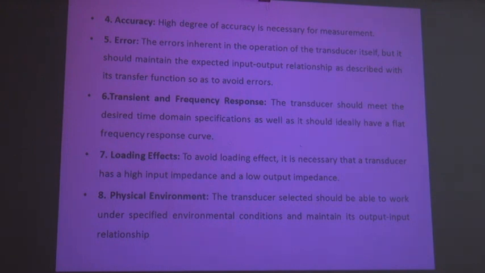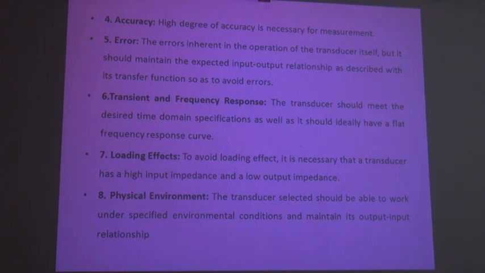Because with zero error, the transfer function of a transducer is smooth, and the relationship between input and output of a transducer should be linear. So note that the error in a transducer should be as close to zero as possible. Practically it is not possible to have zero error, but ideally the error of the transducer should be zero.